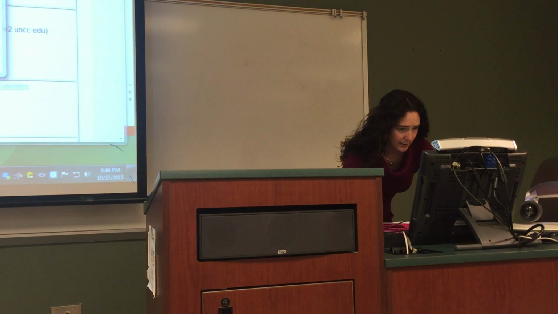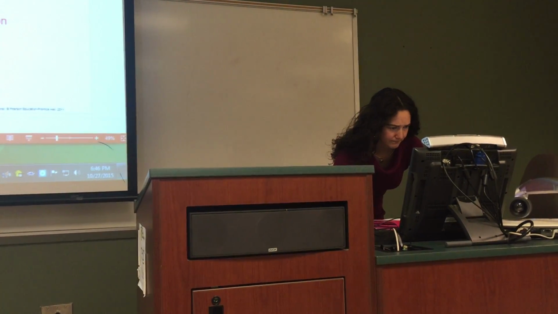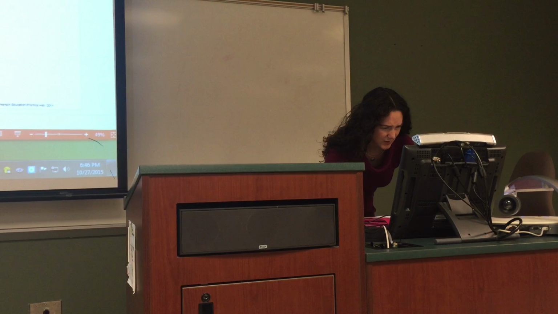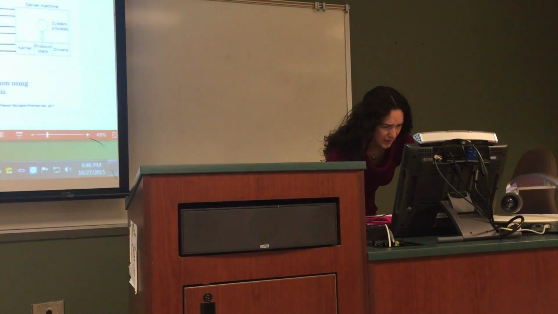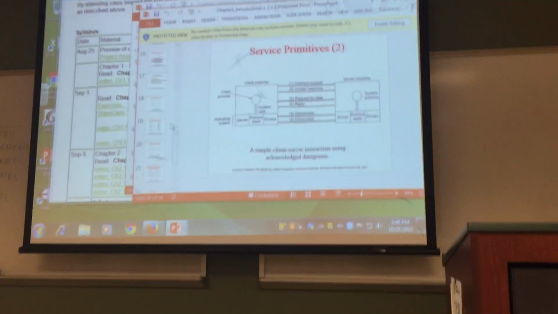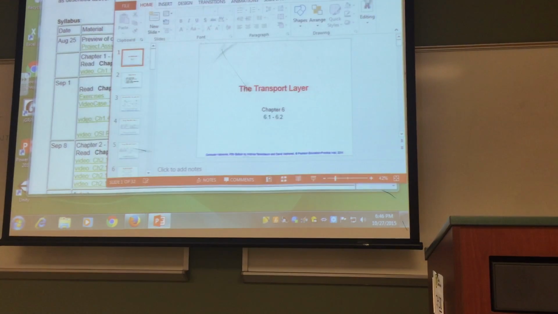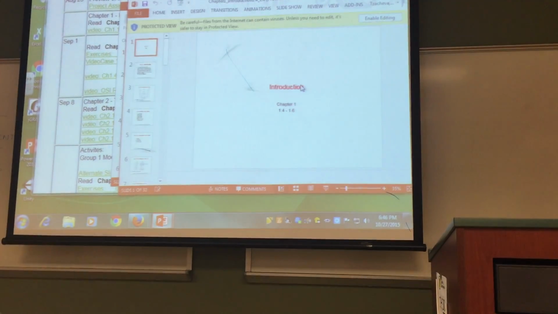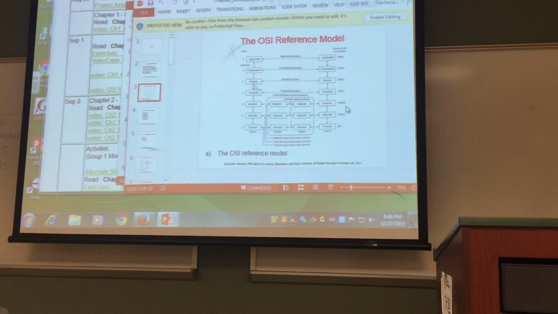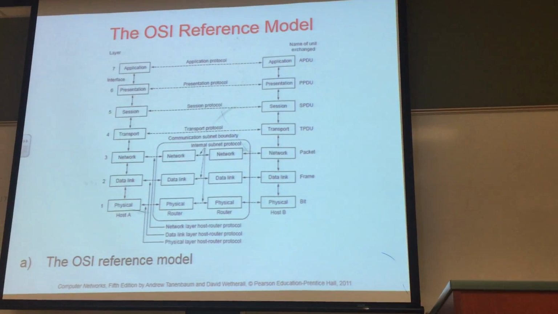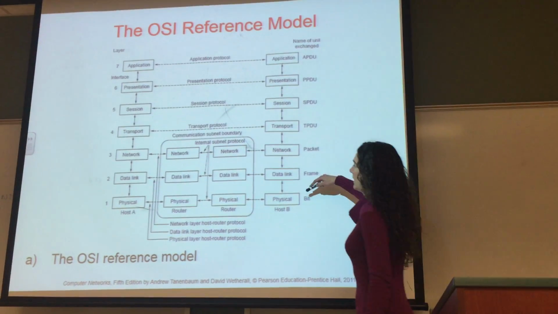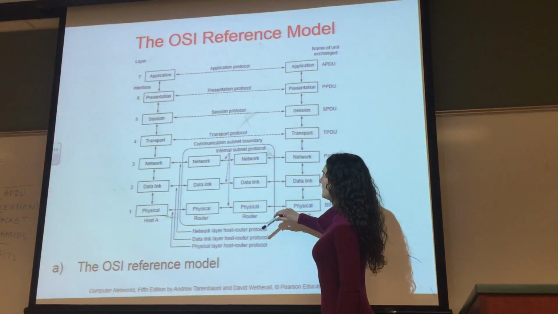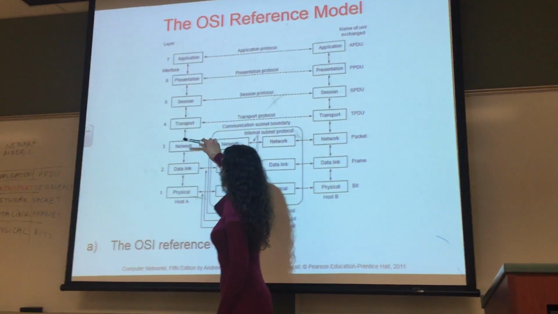Another reason why we need this layer is because, so remember, these are the layers that we have, and then there is this oval box here around the physical layer, data link layer, network layer.